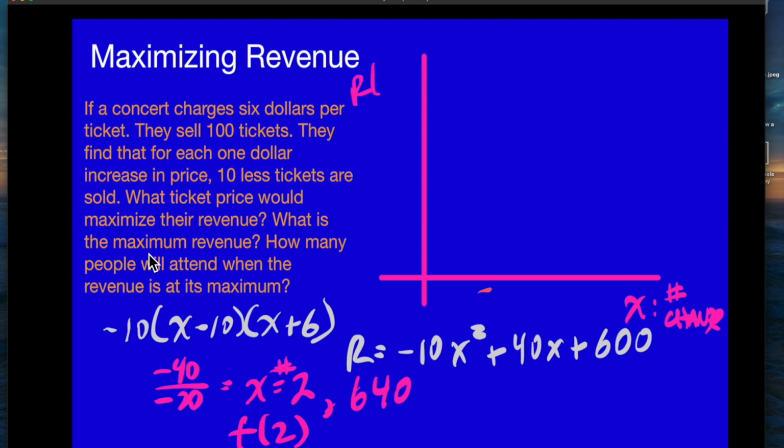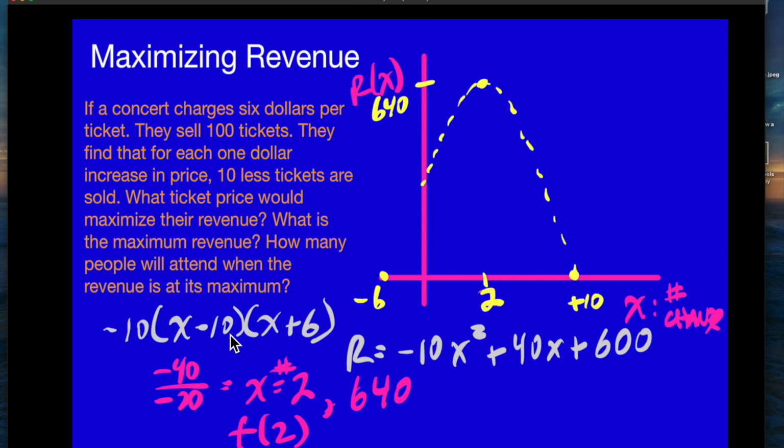When we solve each of these factors for 0, we're going to get x-intercepts at negative 6 and at positive 10. And we're going to get a vertex when x equals 2, and the y-coordinate of that vertex is going to be 640. So we're going to get a graph that looks like this.